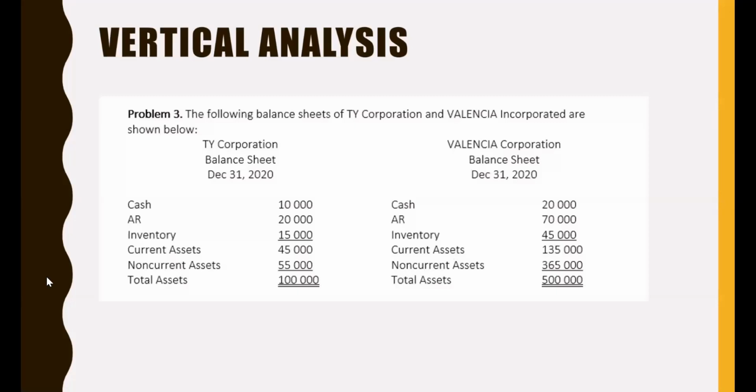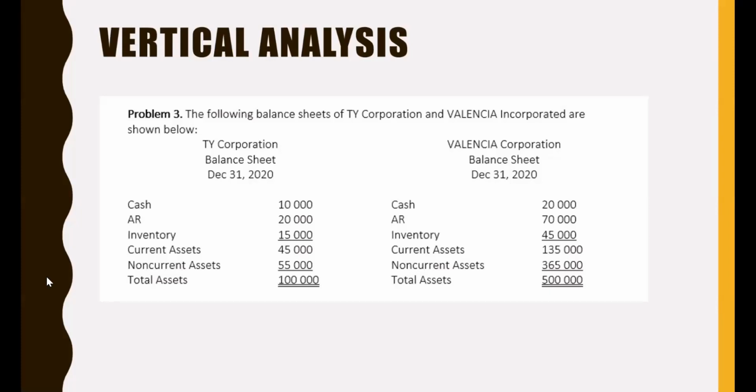So to illustrate, let's answer this problem. The following balance sheets of Thai Corporation and Valencia Incorporated are shown below. As you can see, the two companies have different sizes and it is not easy to compare based only on this raw information. But if we perform vertical analysis, we can make use of this information.